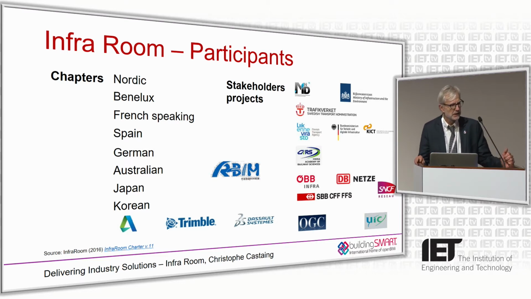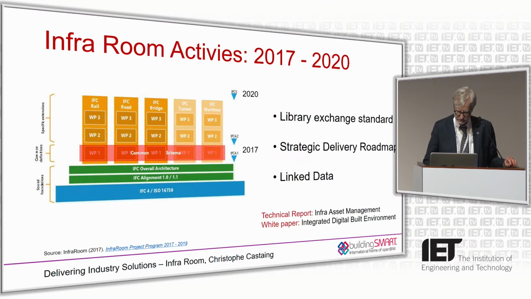Then you have big operators like SNCF and Deutsche Bahn. You have CRB Allianz. So we really have the real world involved in managing the standards, and you also have the software vendors.